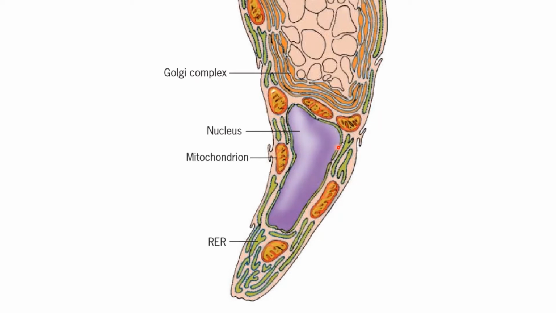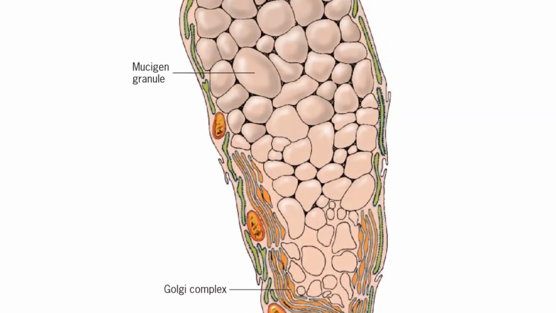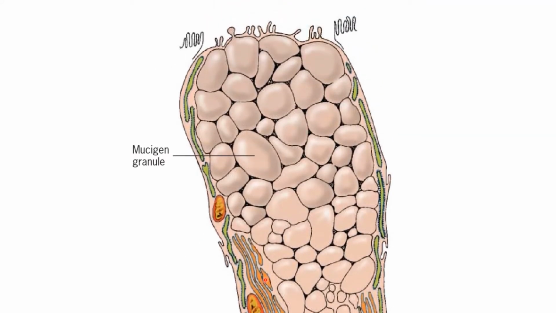We have the RER for manufacture. From the RER, whatever is manufactured, perhaps hormones also, is going to be sent to the Golgi complex. The Golgi complex is going to package those and put them in granules. Here we can see the granules. This is a mucigen granule, so this could be from a mucus cell lining perhaps your intestine or your stomach, to protect the stomach lining from being eroded by the acid.